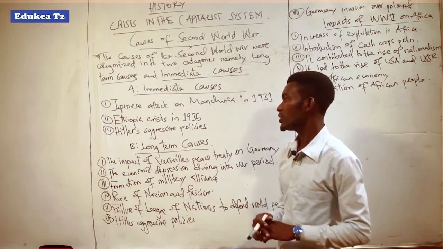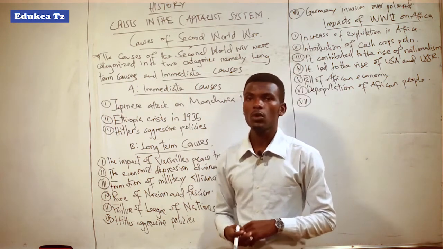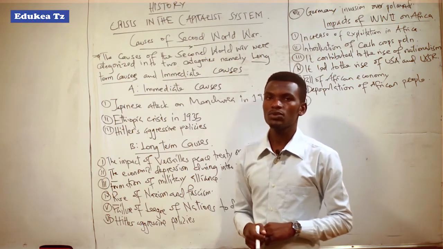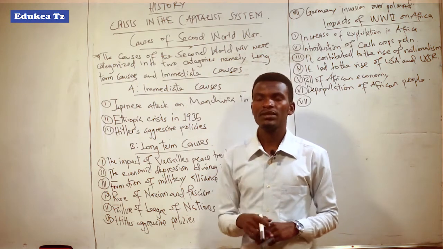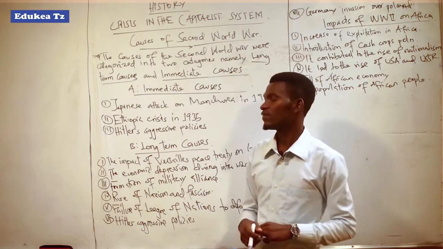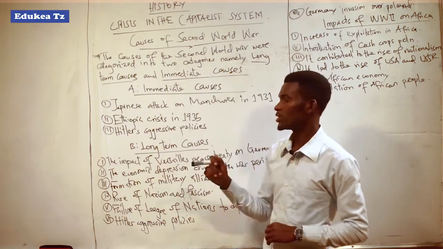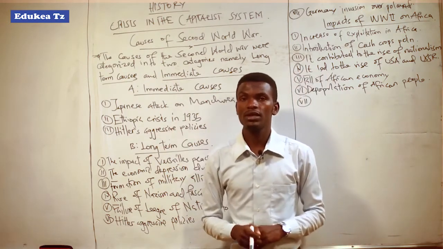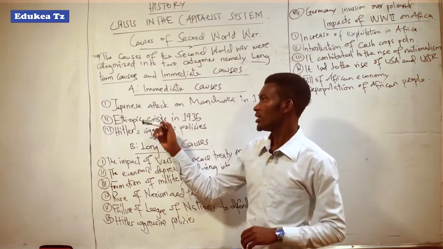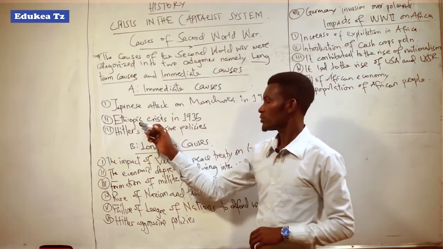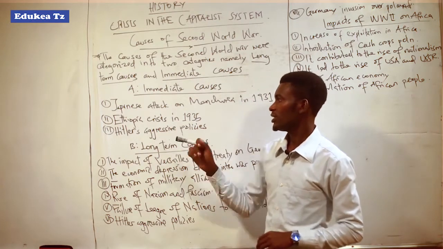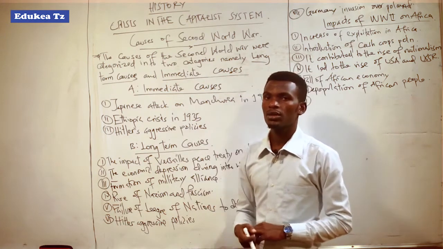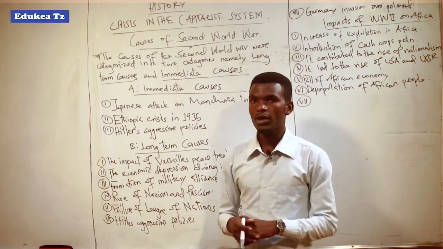So Italy under Benito Mussolini broke the rules or agreements which were placed during the Versailles Peace Treaty and under the League of Nations, and that pronounced the outbreak of the Second World War, when Italy came into crisis with Ethiopia, and that's why in 1939 the Second World War occurred.